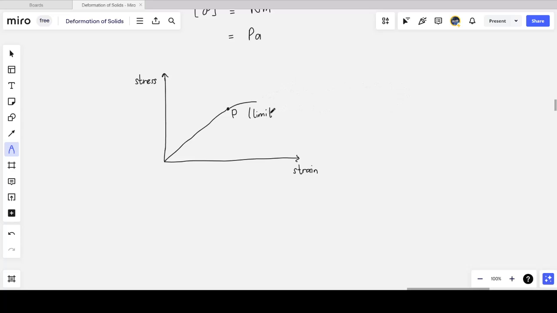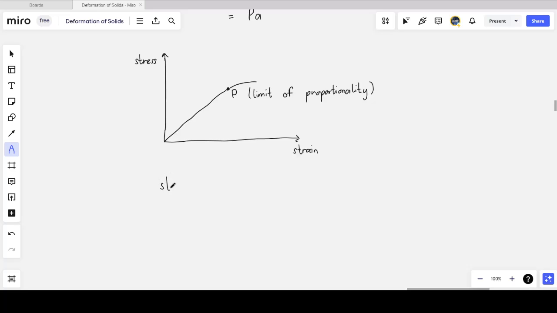Before point P, the graph is a straight line. So P, just like before, is called the limit of proportionality. It is the limit before which everything is proportional and after which there is no proportionality. And so that's a sketch of the graph of stress versus strain.